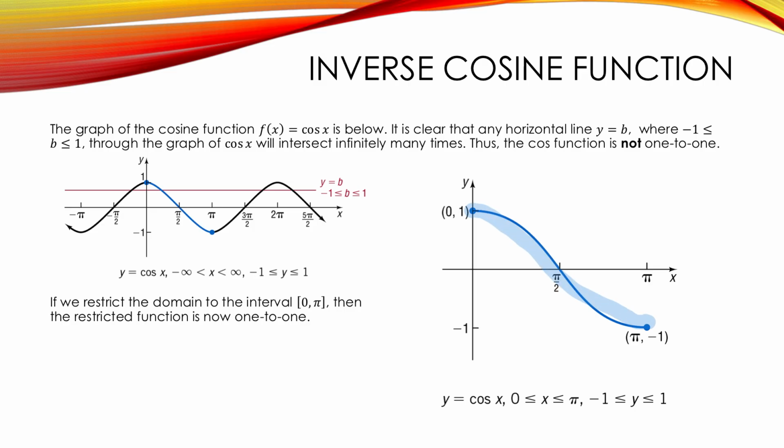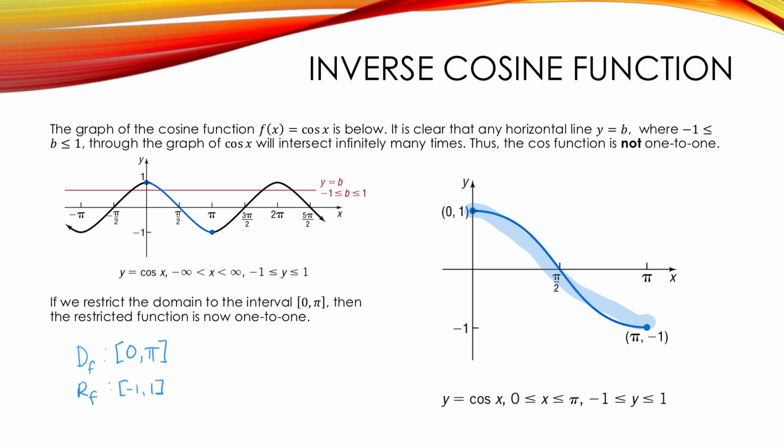So we're going to do 0 to pi instead of 0 to 2 pi. So our domain of our function is then just this restricted domain of 0 to pi. And our range is still negative 1 to 1, as it always has been.